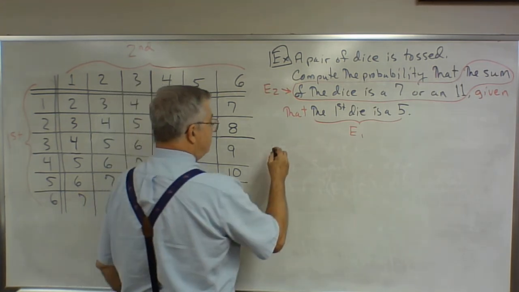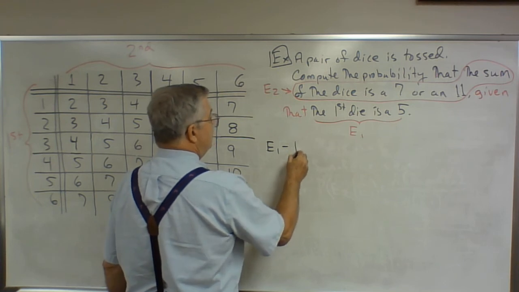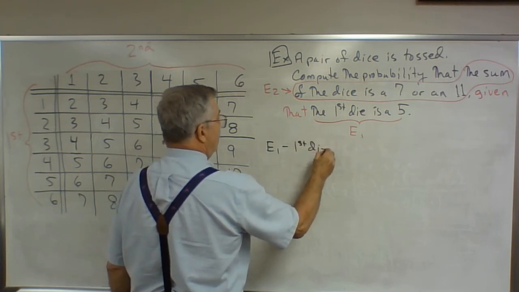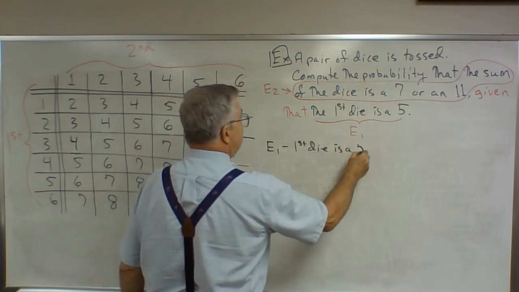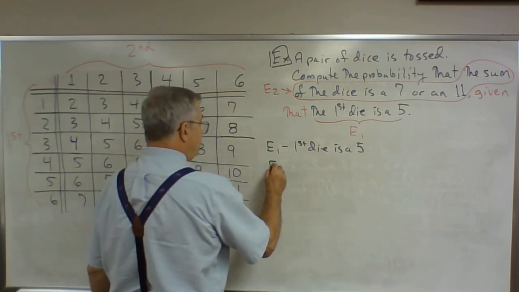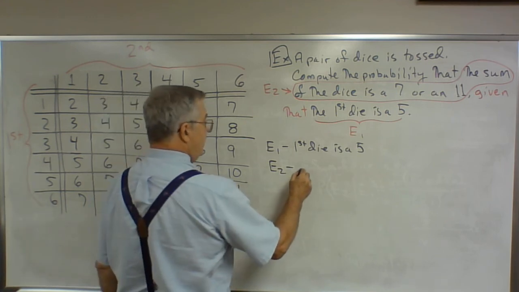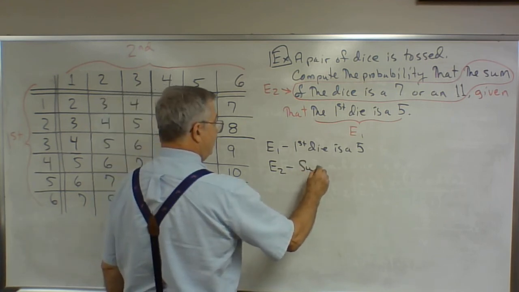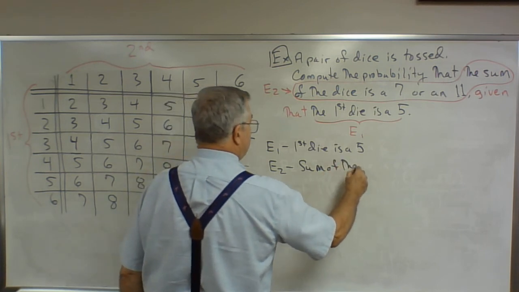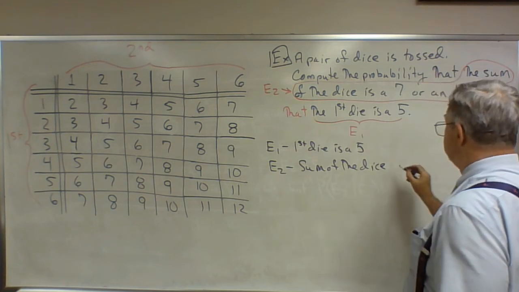So E1: first die is a 5. E2: the sum of the dice is a 7 or an 11.